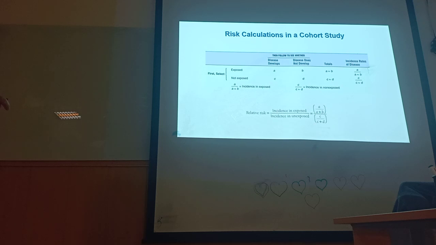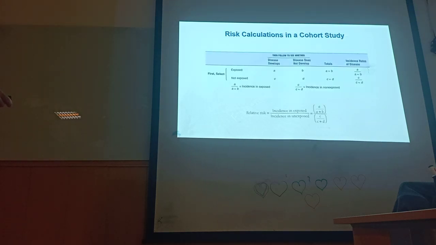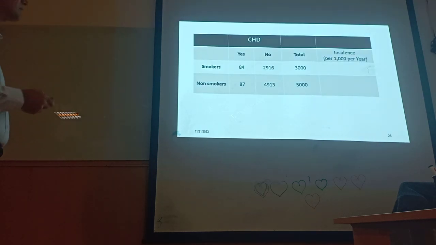Let's look at this table. Imagine that we have 3,000 people who smoke and 5,000 people who do not smoke. So 3,000 smokers and 5,000 non-smokers.